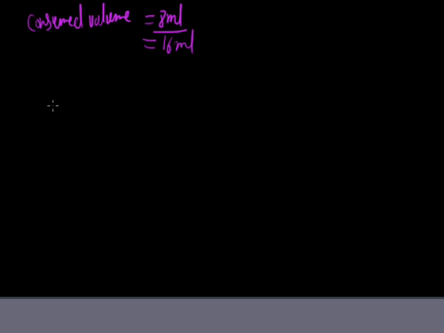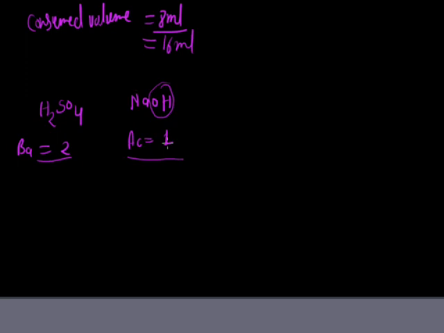If we have H2SO4 in place of HCl and the same NaOH, then in NaOH the acidity is 1, but in H2SO4 the basicity equals 2. For complete neutralization, 1 mole of H2SO4 reacts with 2 moles of NaOH.